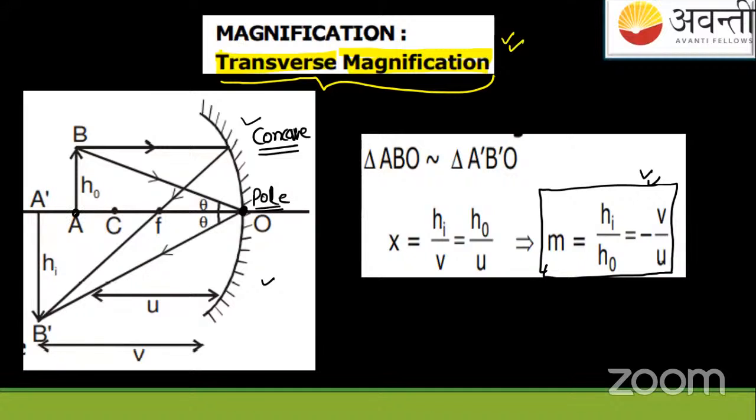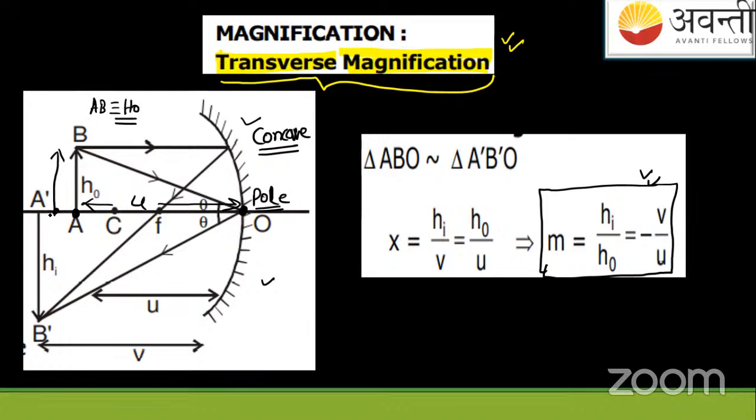This is suppose a point here which is at a distance u from the pole. Okay, see distance u. Why I just took here distance u? Because it's an object. Okay, so object is here at a distance u, and it is having the height as AB here.